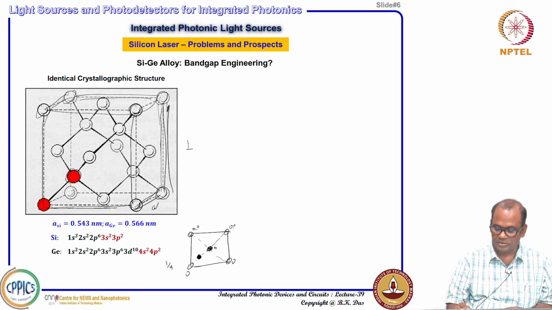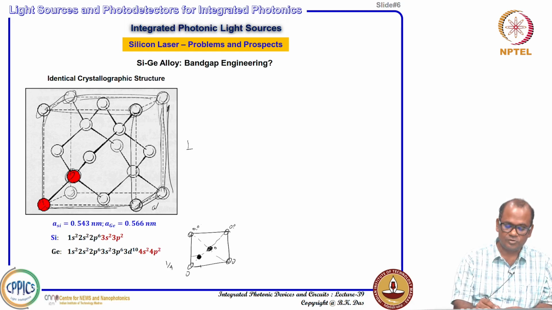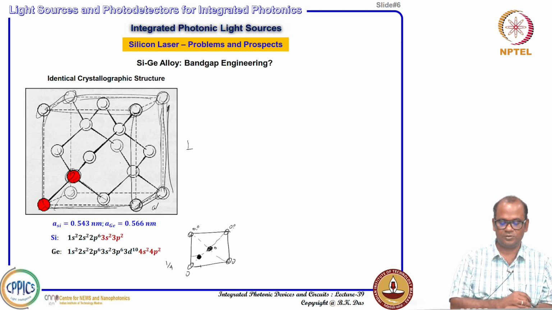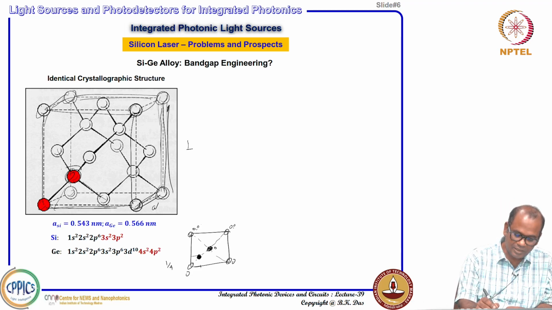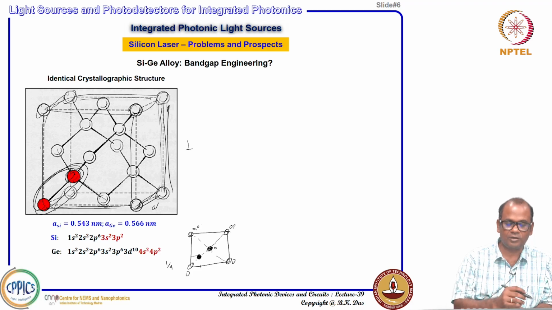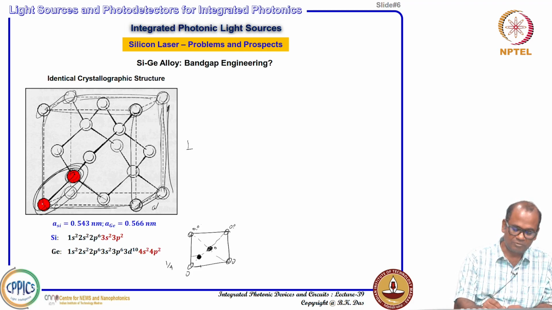Basically each of these atoms is covalently bonded with 4 other atoms like this. This is the structure, and we can consider these two atoms combined as a particular lattice point, with one atom here and another atom here.